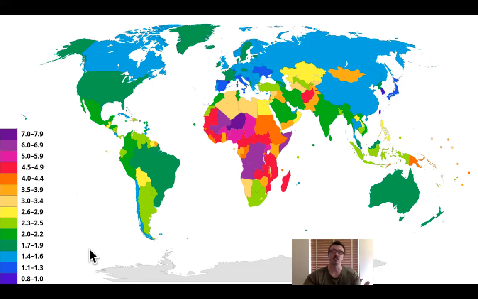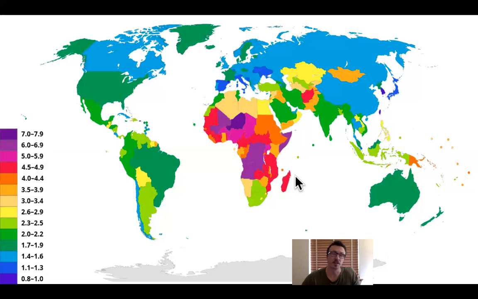Now, there's a lot of reasons why countries have high TFRs and countries have low TFRs. But if you look at the map, it's fairly easy to differentiate. Generally speaking, countries that are more developed, and we don't use terms like first world and third world. That's incredibly offensive and derogatory. Don't use those terms. That's like Cold War style conversations about other countries.